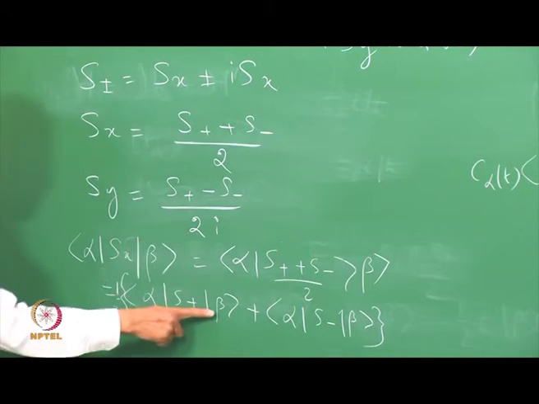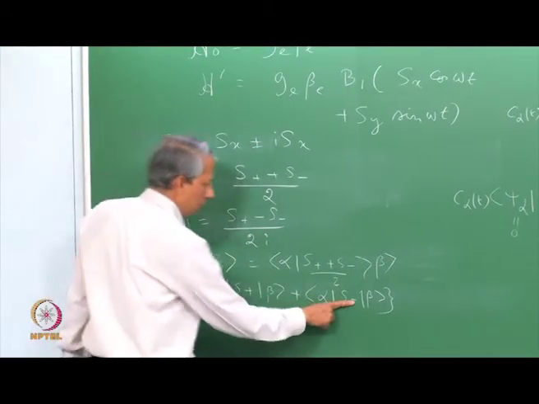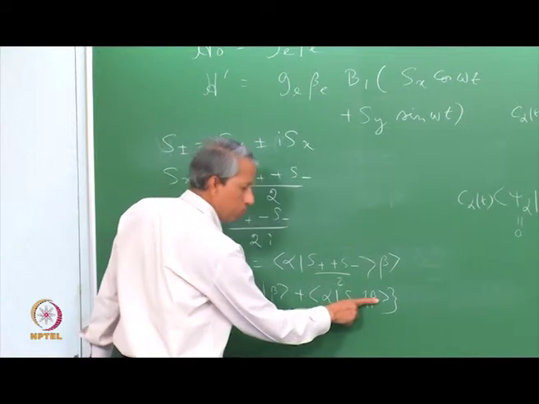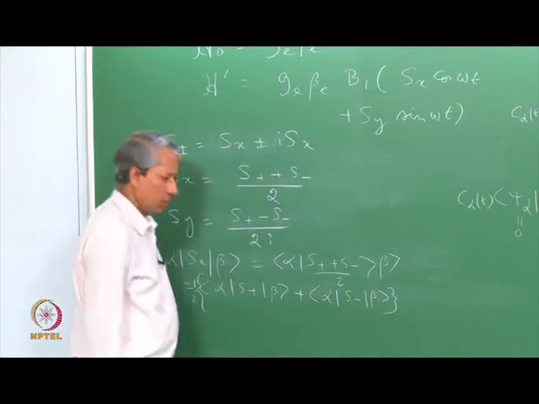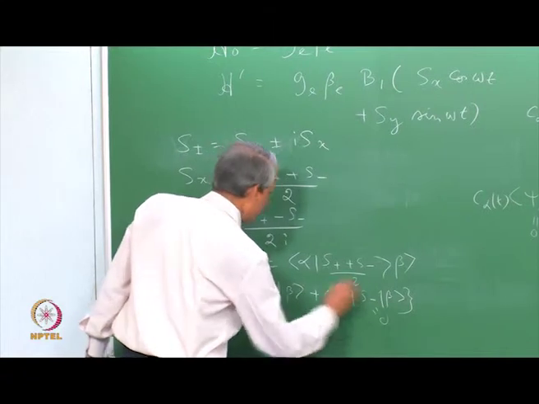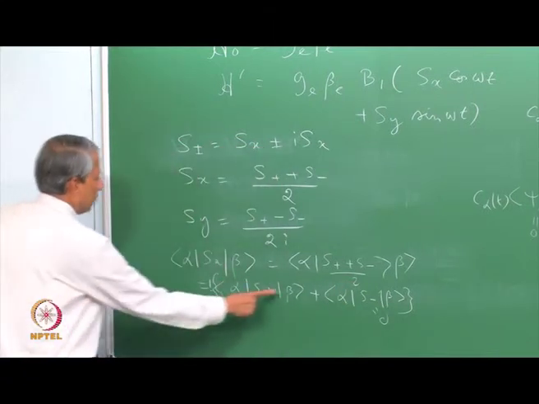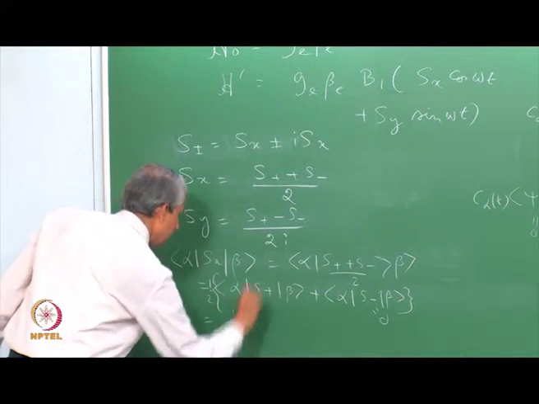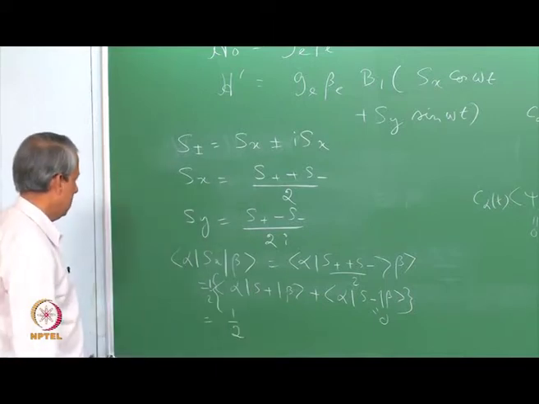So, when it raises, it can raise beta to alpha, and the lowering operator S minus operating on beta cannot lower it further, as beta is the lowest state. So, this gives 0. Then you can use the property of the operator to get the value; this becomes exactly half.